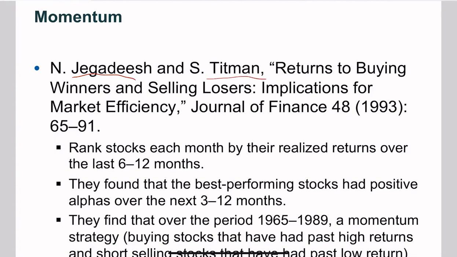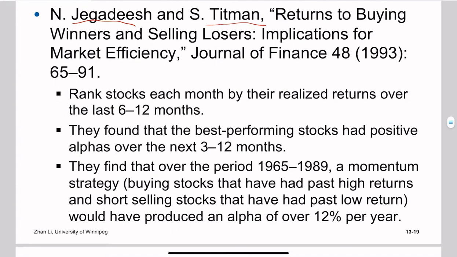So they find out if you rank stocks by their realized returns over the last 6 to 12 months, and then you will find that the best performing stocks in the past will actually have positive alphas in the future. So more specifically, these best performing stocks will have positive alphas over the next 3 to 12 months.